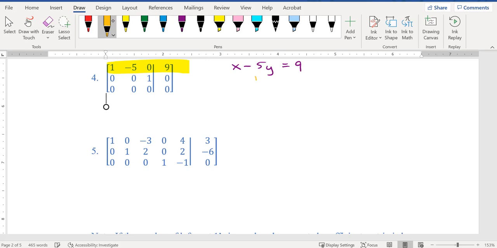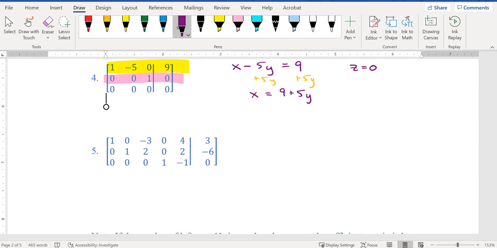So if I add 5y to both sides, I get that x equals 9 plus 5y. Okay, row number 2. Row number 2 tells me that z equals 0.